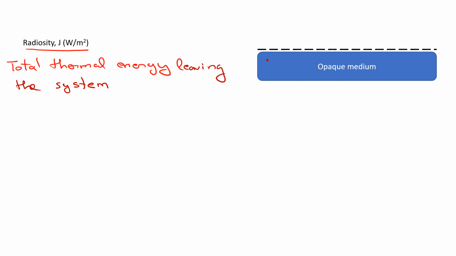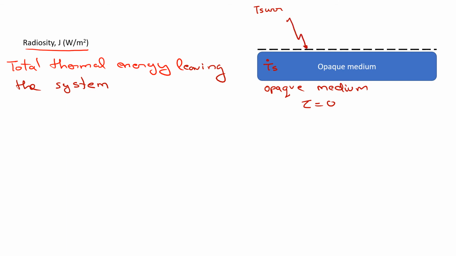So let's say this is an opaque medium. If this is an opaque medium, this will mean our tau is equal to 0. Okay, so nothing is being transmitted, and let's say that you have a T surrounding, and the surface or the object or the medium is at a temperature of Ts.